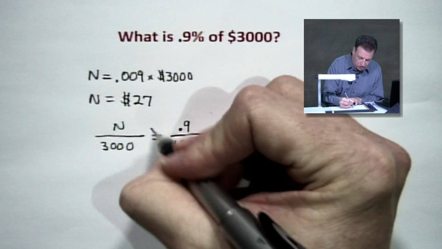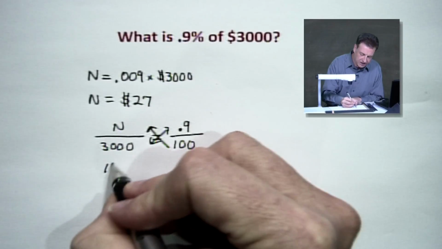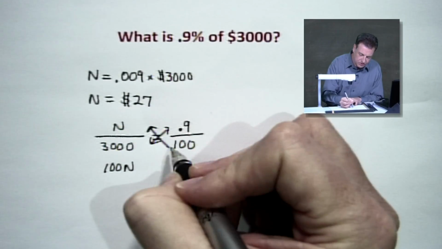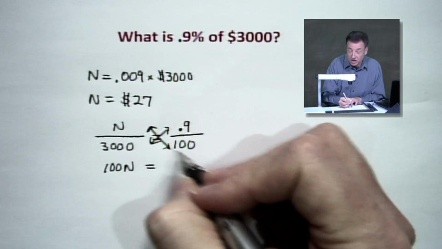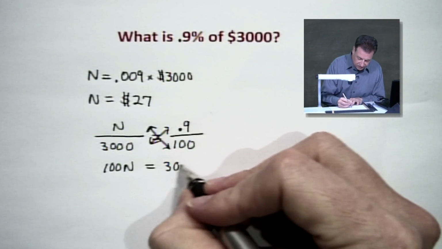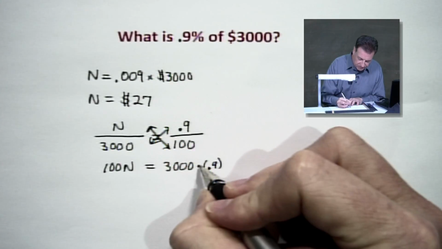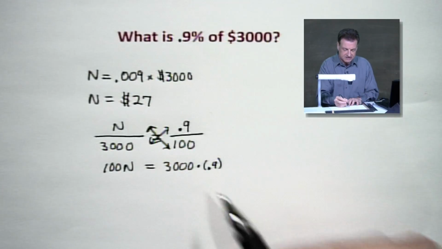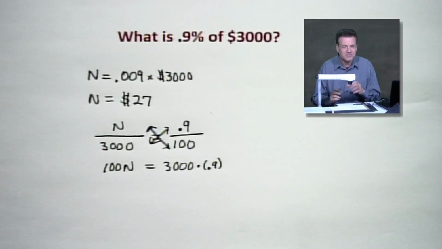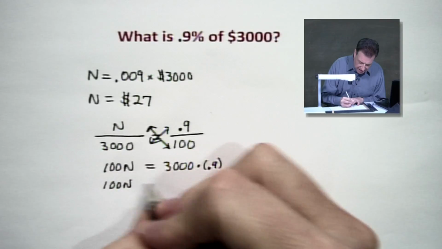We're going to do the cross multiply game, all right? We're going to cross multiply here. We're going to get 100n going this way, because that's what 100 times n gives us, right? And going the other way, we're going to take 3,000 times 9/10. I'm going to put that in parentheses so we don't get all our points confused. That's a multiplication. That's a decimal. All right. So we multiply. We've got 100n. Wow.